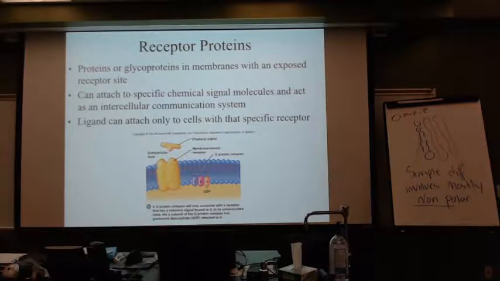So that means if there is not enough energy in that cell, that can't happen. Once again, something that can become clinically significant. Okay.